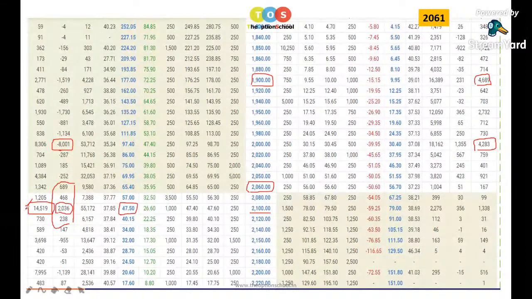But still, only 2036 positions are added, and it is still 14,519. That means it's not the whole data which has built up today. But definitely, if you add these to 8,300 and 8,000, till yesterday 2,000 was the highest open interest for Reliance. So today, if you talk about technical analysis, this is a sort of short term breakout: Reliance has gone past its highest open interest level of 2,000.